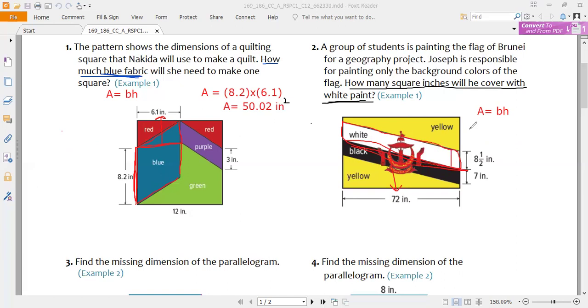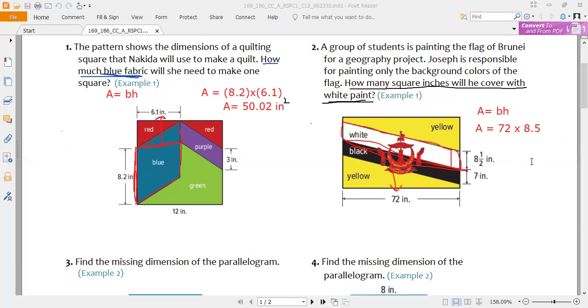So here I can write down area equal to base times height. The base is given as 72, so multiply 72 by 8.5. When you multiply the base and height, you will find the answer.